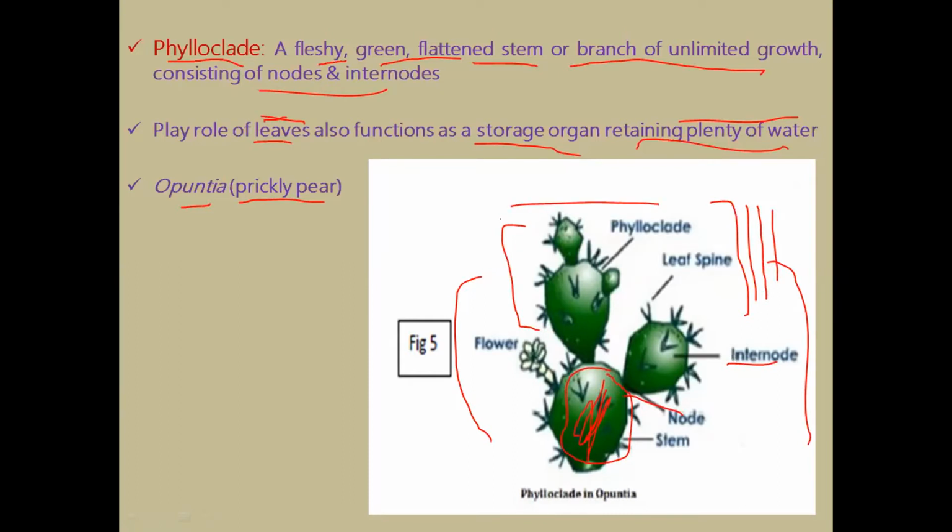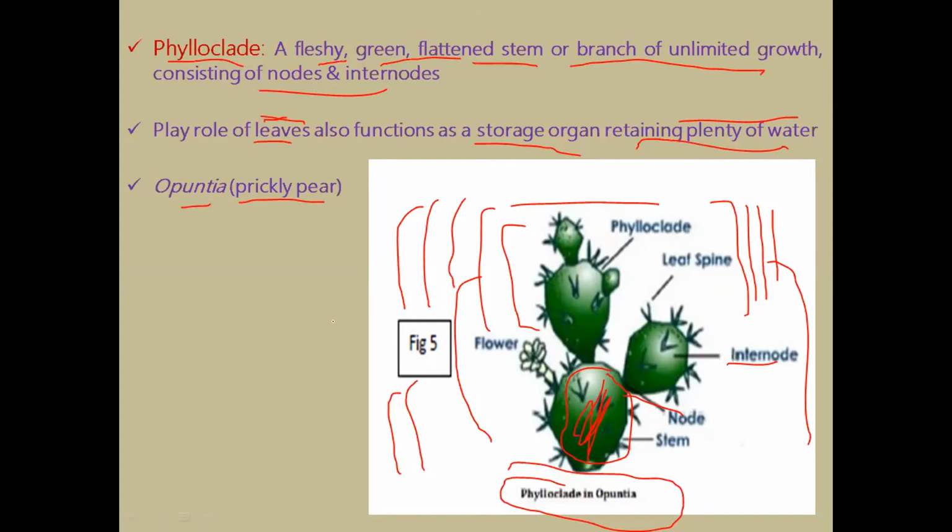In Opuntia, we know that leaves are modified into spines, so it plays the role of a leaf, and also it can store plenty of water, which is used in time of need by the plant. So it also acts as a storage organ.